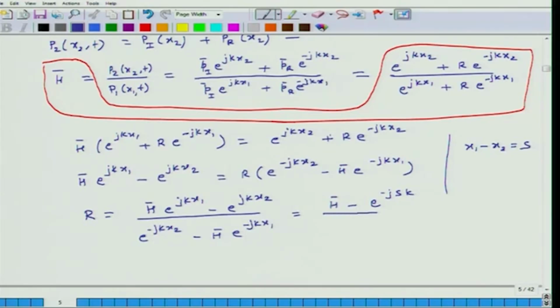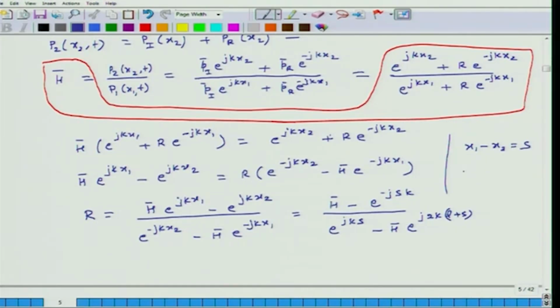Okay, and in the denominator I get e^(jks), again I am dividing this new denominator also by e^(jkx1), and then minus h bar, and then I get e^(j2k(L plus S)).